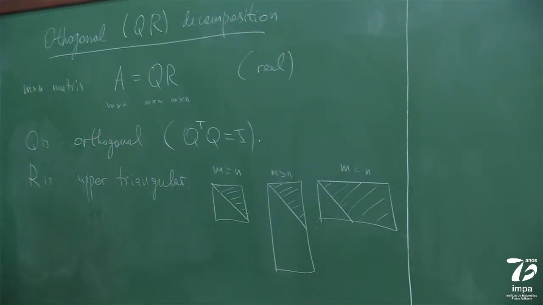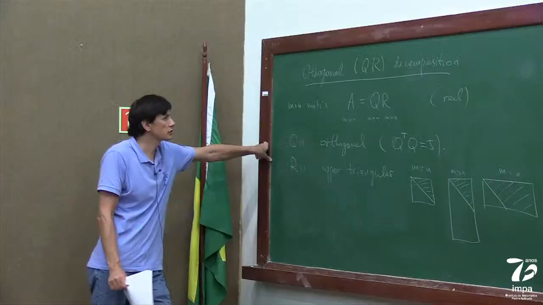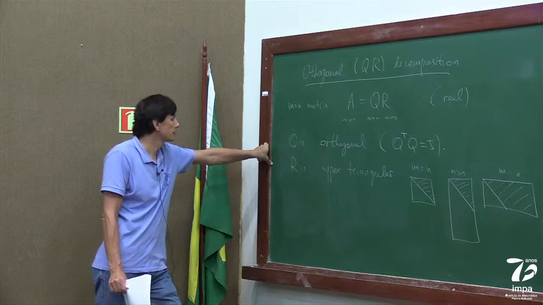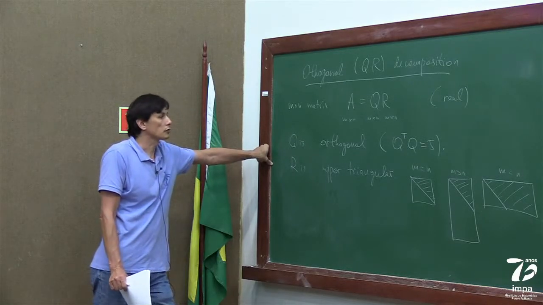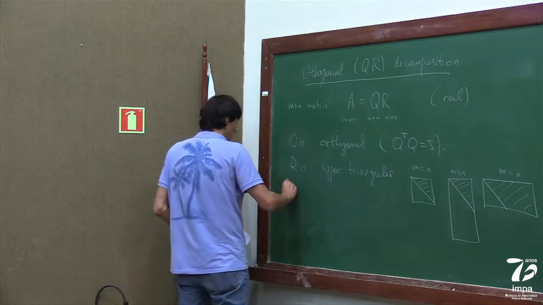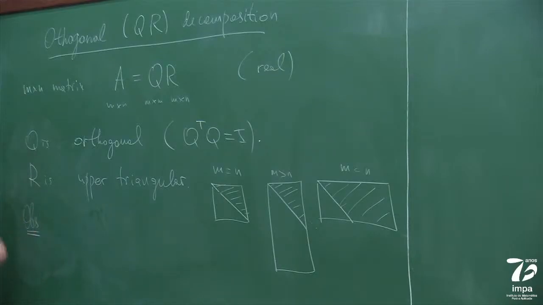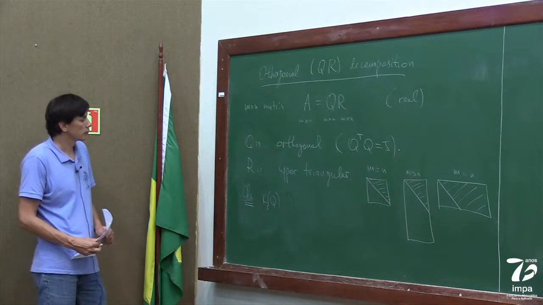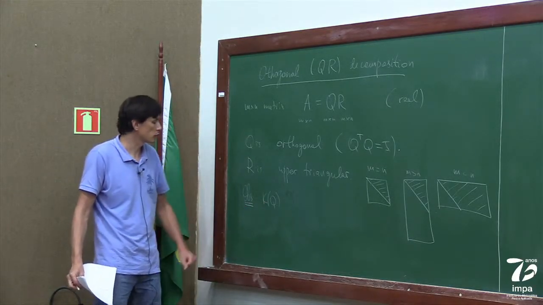And the idea, actually the change from LU to QR, is that we use an orthogonal matrix. Remember that we already learned that the condition number of an orthogonal matrix, with respect to the usual norm, is 1.